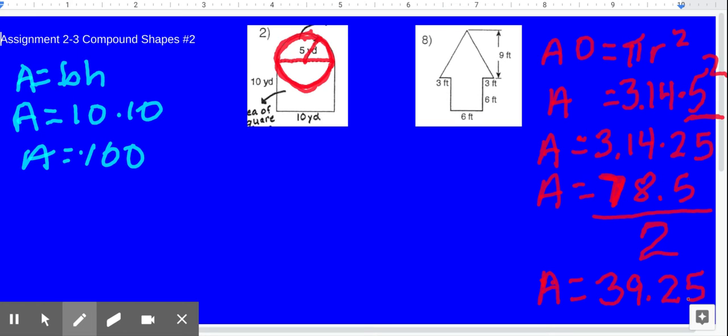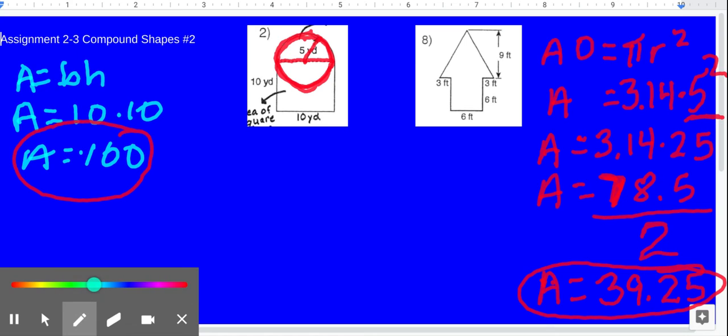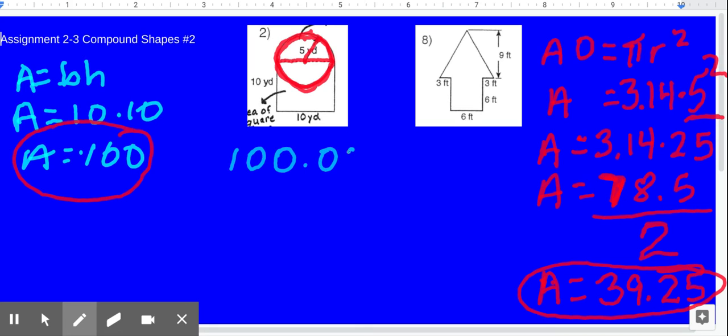Now I just need to add the area of the square to the area of the circle. Let me write that down. So I have 100 for the area of the square, and then the area of the half circle was 39.25.